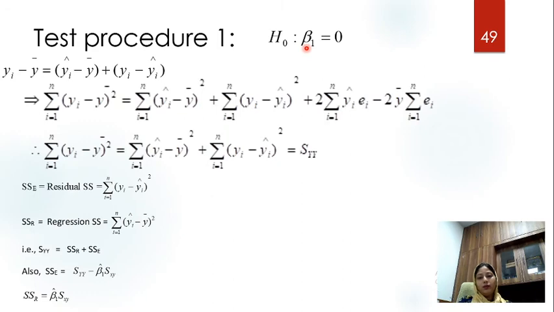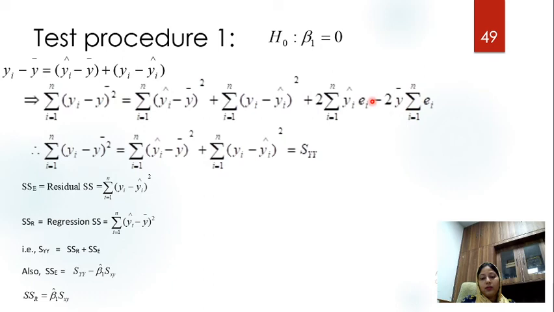Test procedure 1. So to test h naught beta 1 is 0, there are two ways. One is that we can represent y minus y bar as the sum of two quantities by adding and subtracting y hat. On summing and squaring this, summation of y minus y bar square is equal to, summing and then squaring, a square plus b square plus 2ab. So we can open summation of y hat minus y bar into y minus y hat and write these two expressions. Now the sum of errors, summation of ei, is 0.